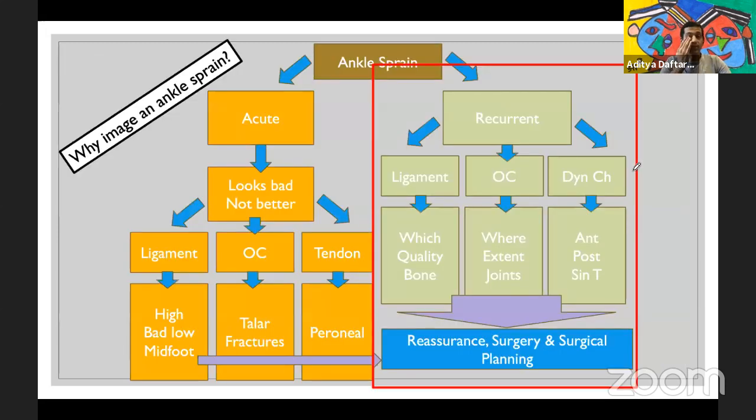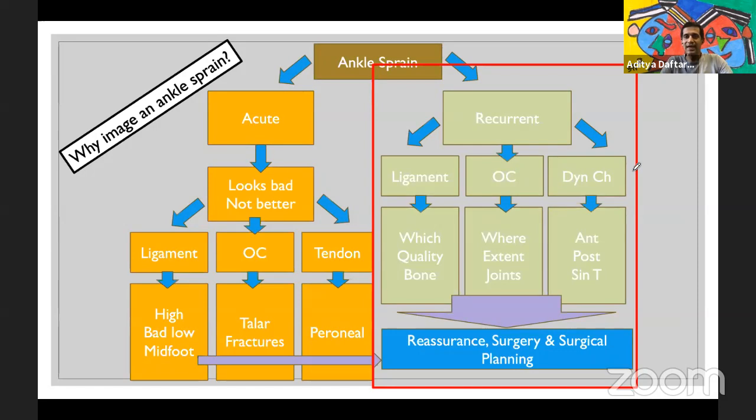So we've gone to the second portion of this, where we deal with ankle sprains in the chronic stage. We're looking at patients who have recurrent instability. And in this situation, we're looking for ligament quality and affectation and remodeling. We're looking at osteochondral lesions in terms of where they are and the extent of involvement. And we even talked a little bit about the stability and instability of osteochondral lesions.